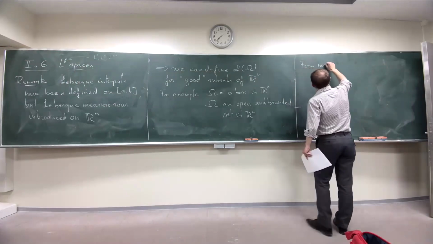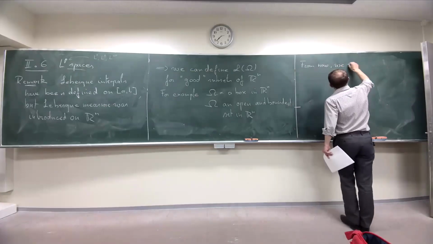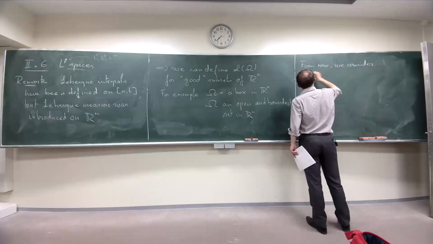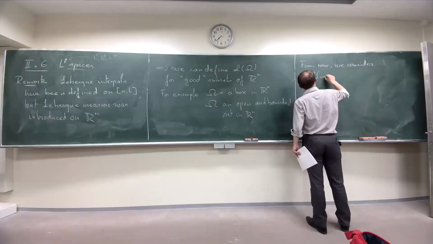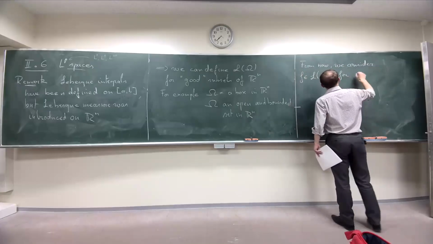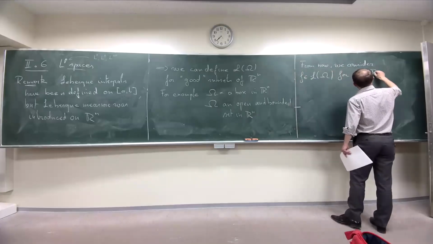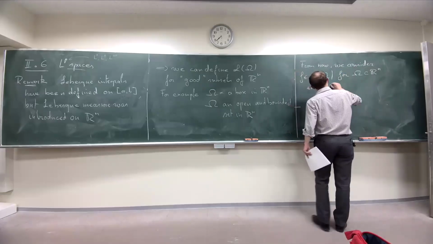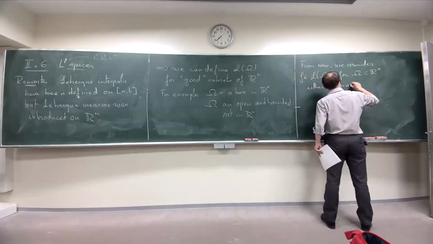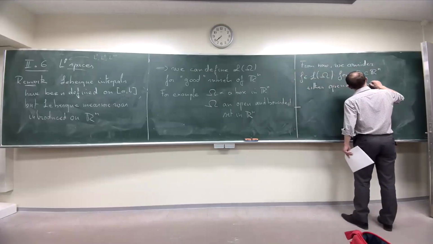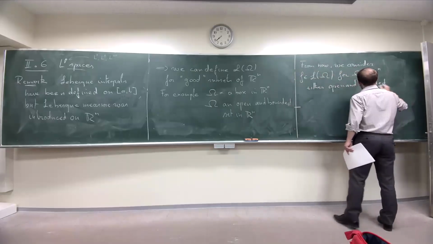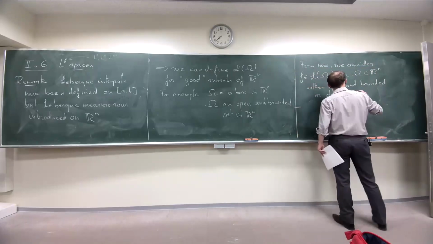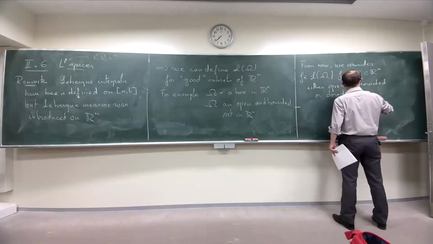From now on, we consider f belonging to L of omega for omega inside Rn, either open unbounded or closed unbounded. These are the two situations which are really interesting.